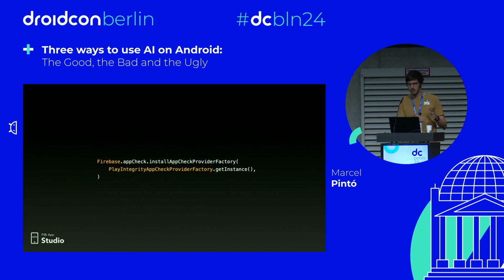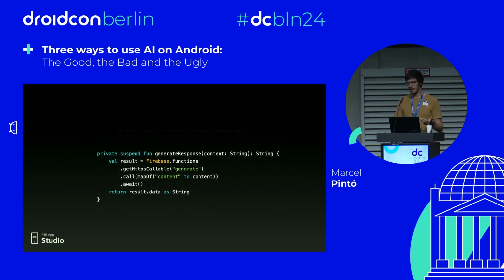So after you successfully set up your project in the Firebase console, which is the part that takes a little bit because you have to go on the Apple side, then on the Play Store and do it, code-wise it is as simple as this. You just install the AppCheck provider, and we are going to use Play Integrity here. And then instead of using the Gemini SDK directly, we are going to create our own function that goes into the Firebase functions.